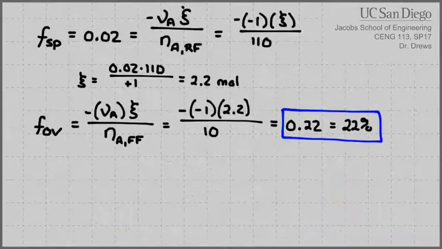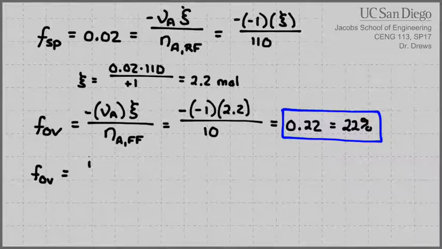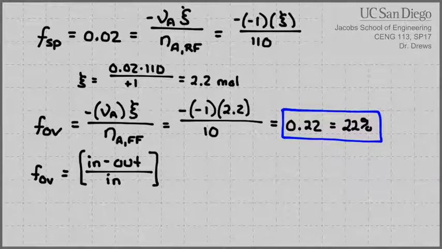We could go back and essentially do it the hard way, because the other way to determine F overall is by calculating the moles of A coming in minus the moles of A coming out, divided by the moles of A coming in, where we're looking at the entire system.